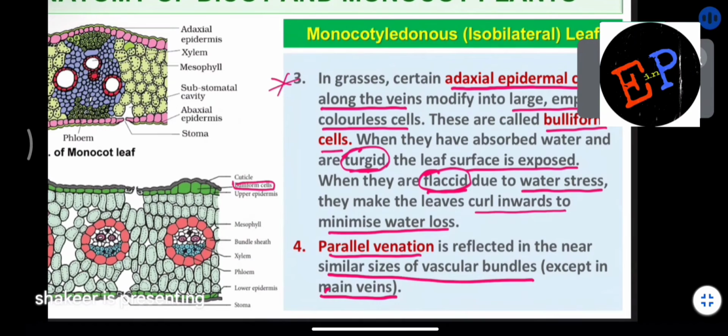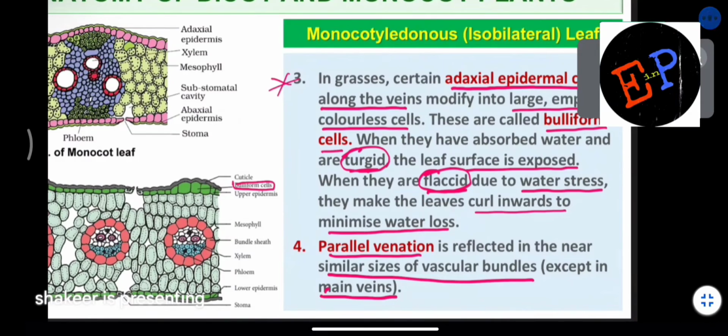But that was not the case in dicot leaves. In dicot leaves, veins vary in sizes, so vascular bundles also vary in sizes. అర్థమవుతుంది కదమ్మా? ప్రణీత్ వింటా ఉన్నావా? ఓకేమా? So you will find similar sizes of vascular bundles in monocot leaves, but different sizes in dicot leaves.